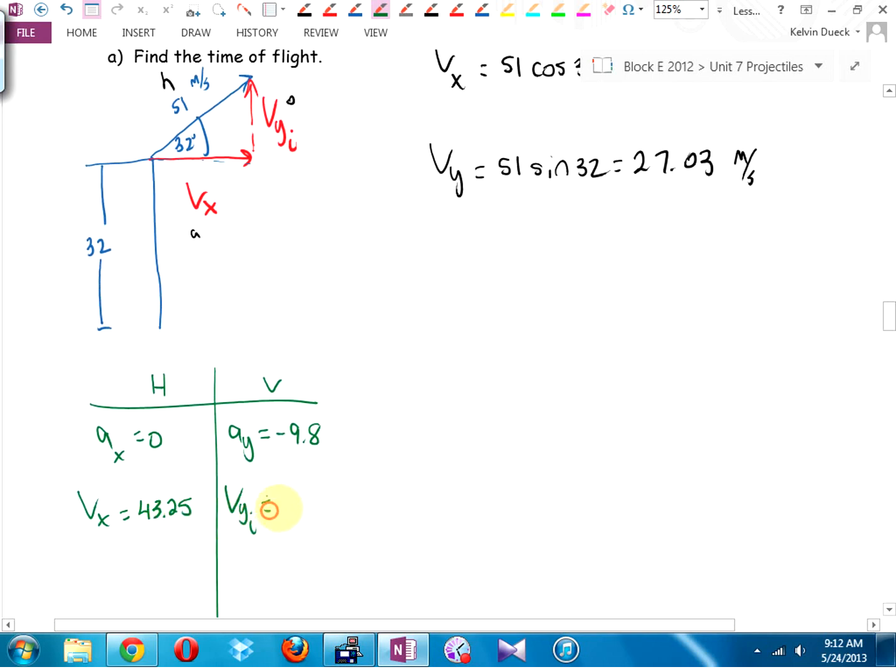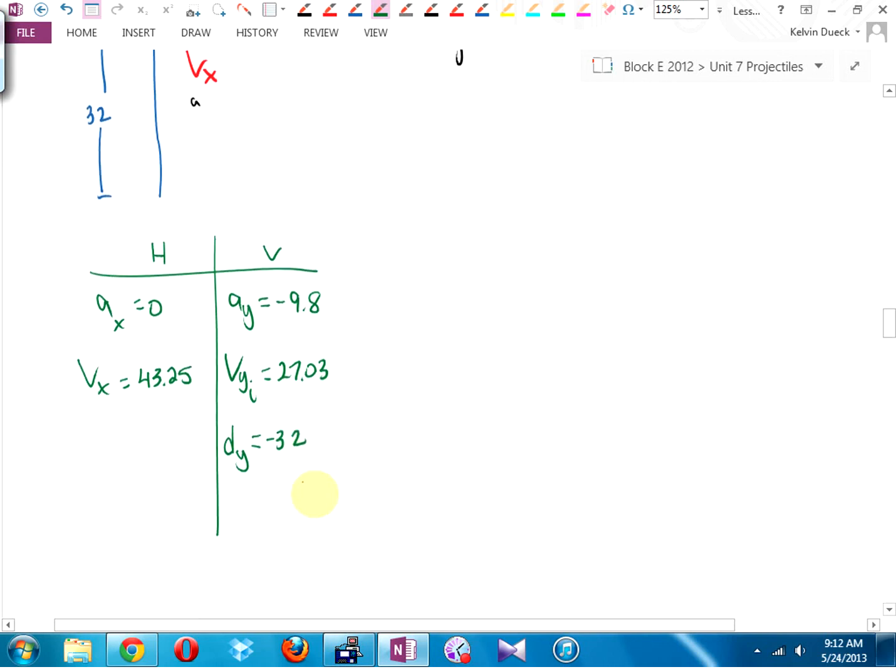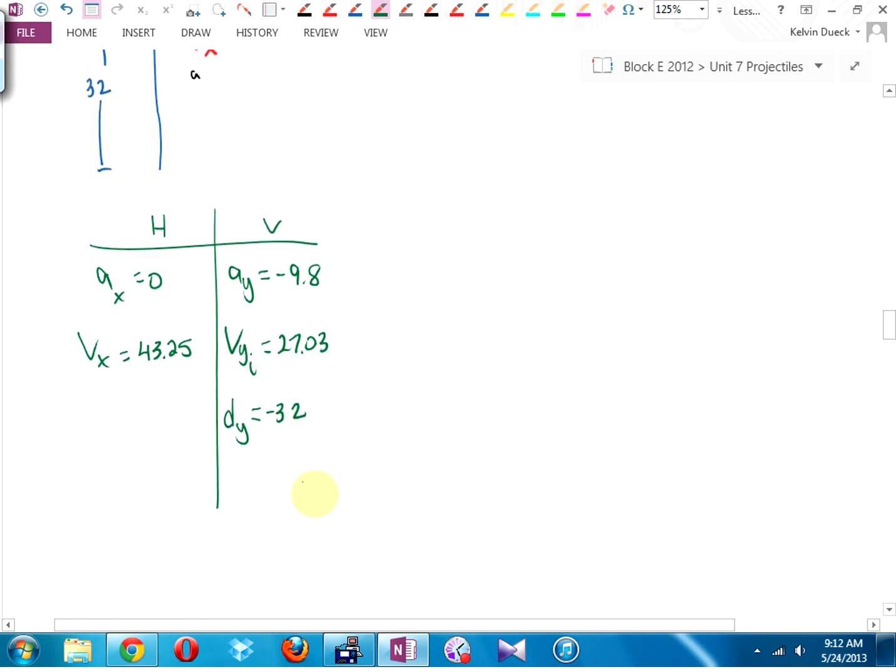Vy initial is 27.03. The vertical displacement is negative 32. And that is enough to find t.